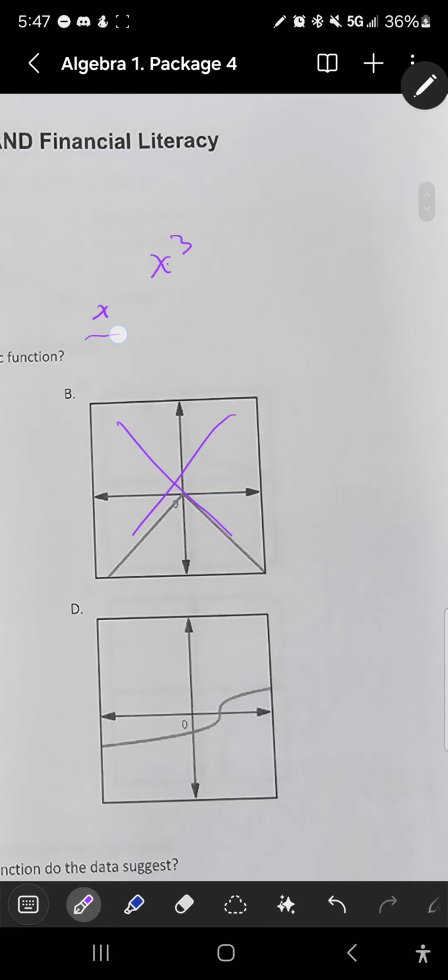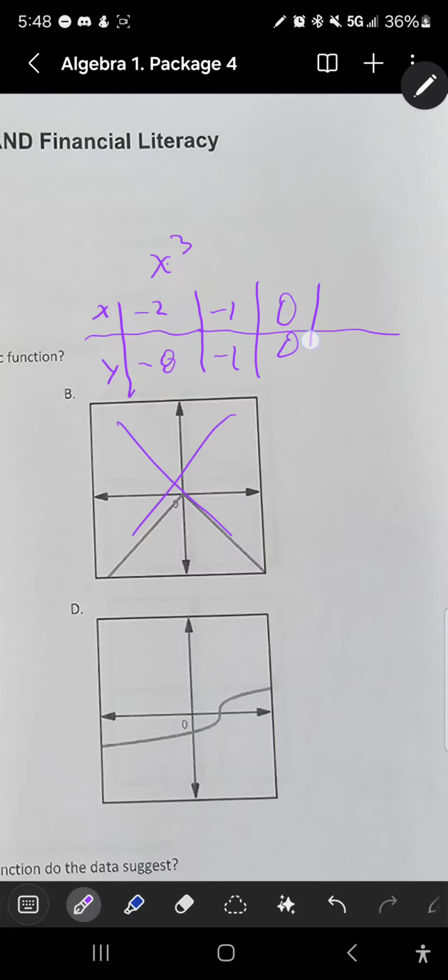We will say x, we say y, and I'm going to say -2, then -8, and negative to the third, like -2 times -2, 4 positive, times -2, -8. And -1 to the third is just -1, 0 to the third is 0, 1 to the third 1, 2 to the third 8.